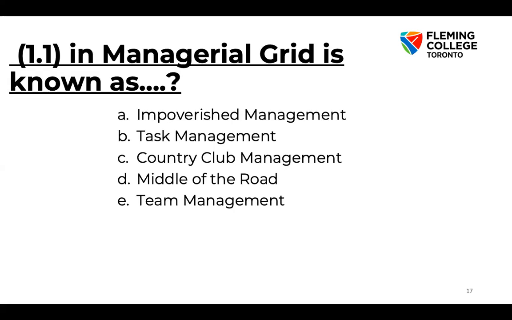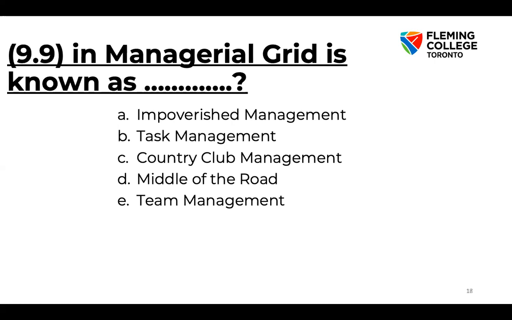So the 1.1 managerial grid is known as impoverished management, task management, country club management, middle of the road management, or team management. What do you think? I think option A is correct.